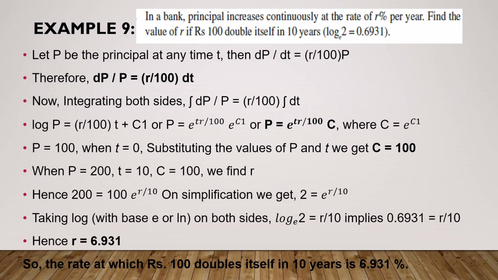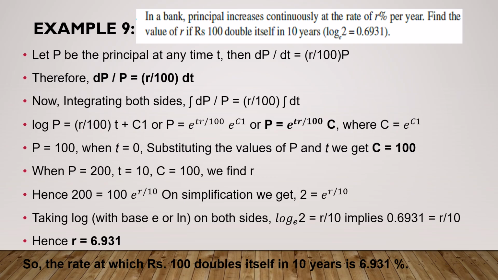Now, since C1 is a constant, obviously e raised to C1 is also some constant, and I name it C. So now our simplified equation is P is equal to e raised to tR upon 100 into C.